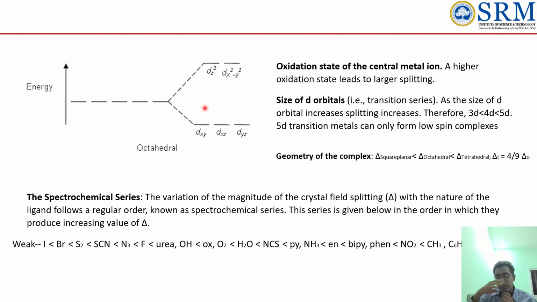As we go from left to right, we have halides, oxygen based nucleophiles, followed by nitrogen based nucleophiles. They are moderate, and then carbon based nucleophiles are much stronger compared to the other ligands. So the weaker the ligand, the smaller the splitting, and the stronger the ligand, the larger the splitting.